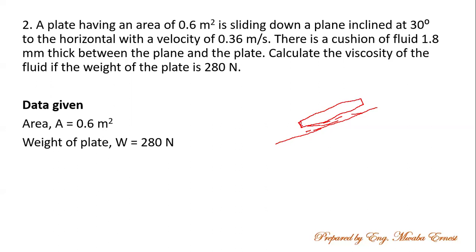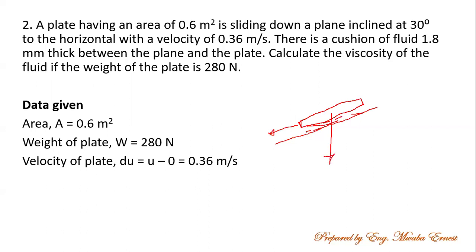Now, when you look at this one, the component of the weight coming down the plane is the one we're interested in. It's the one that will represent the force, because what we have is this, which is the weight of the plate, 280 newtons. By the way, we already have our angle here. But before we get there, the difference in speed: the plane is at 0, whereas the plate is sliding at 0.36 meters per second.